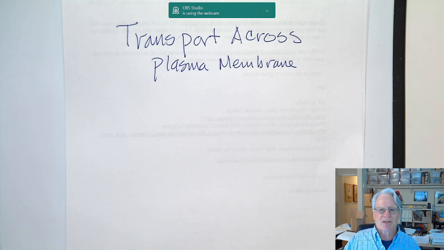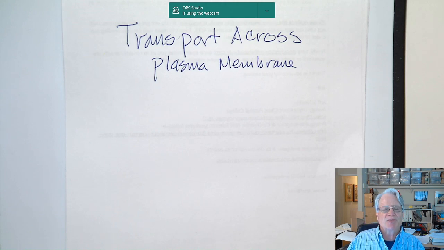They also need things like oxygen, glucose, amino acids. So for cells to be happy, there needs to be this constant exchange between the outside world and the inside world of the cell. And that exchange has to take place over the plasma membrane. So what we're going to look at is those processes that allow that to happen. So that's why this is labeled transport across the plasma membrane.